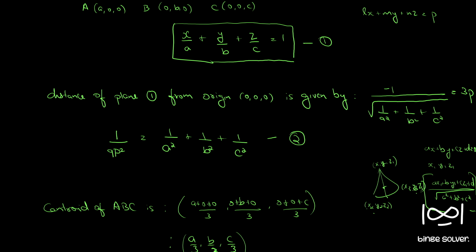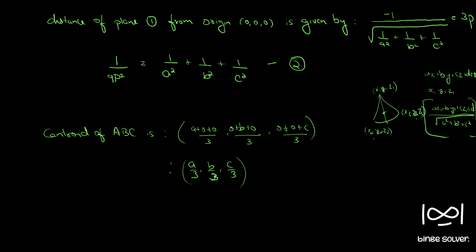Now we have our locus point Q. Let's call the centroid our Q, and let the locus point be (x, y, z). That means x is equal to a by 3, or a is equal to 3x, y is equal to b by 3, or b is equal to 3y, z is equal to c by 3, or c is equal to 3z.